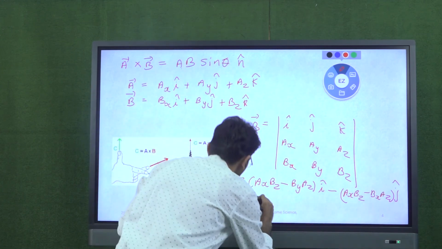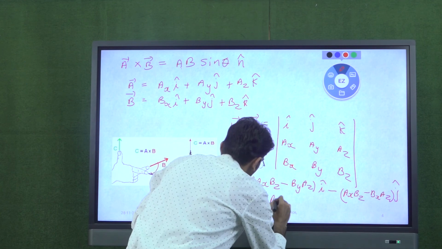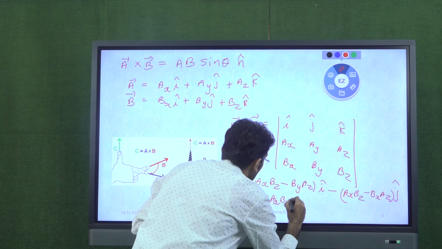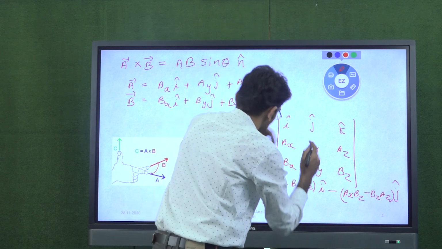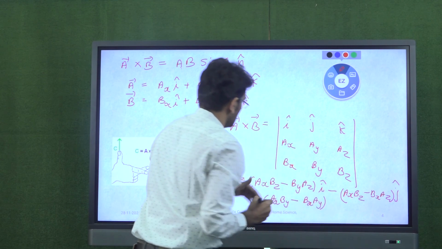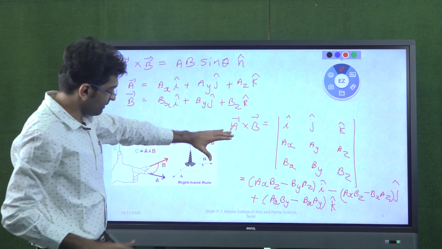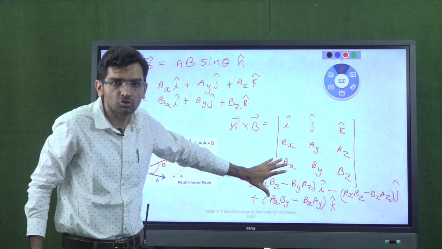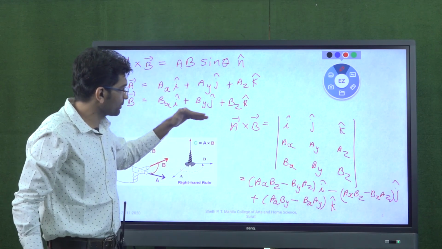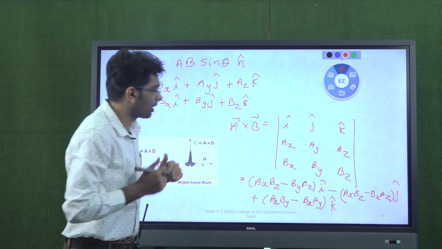Third is plus (Ax By minus Bx Ay) k cap. So whatever final answer you got, that is also in terms of i, j and k. So the vector product, the vector multiplication, is a vector only.